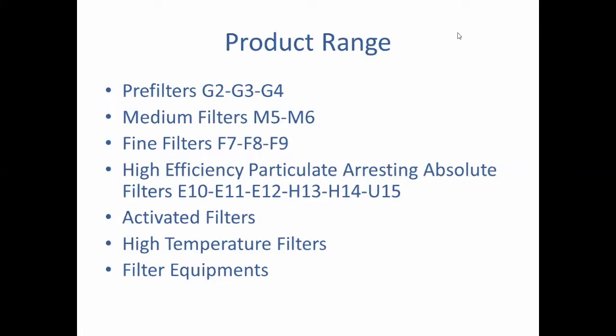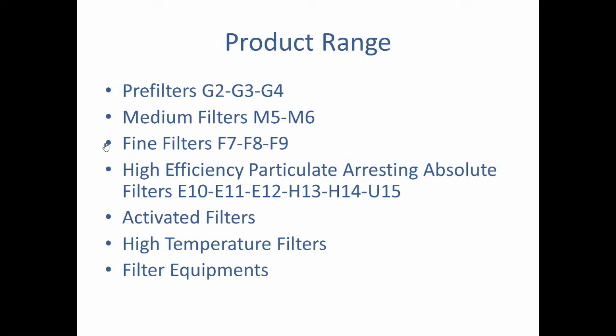Here is our product range. We have pre-filters, which start from G2, G3, and G4, which can be made with plastic frame, cardboard frame, aluminum, or galvanized frame. And the media can also be in several variants according to your decision or according to your area capacity.